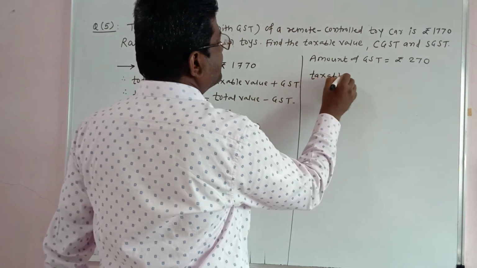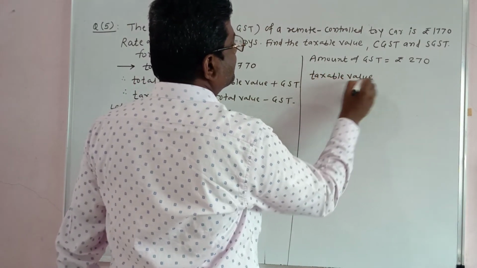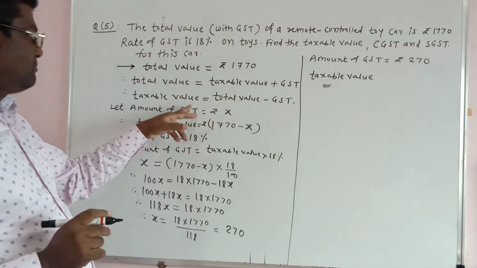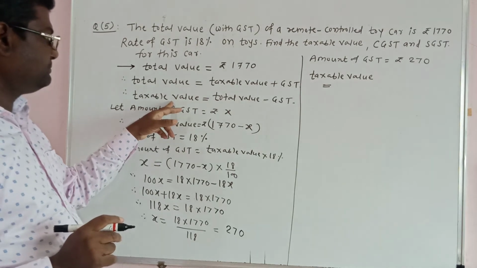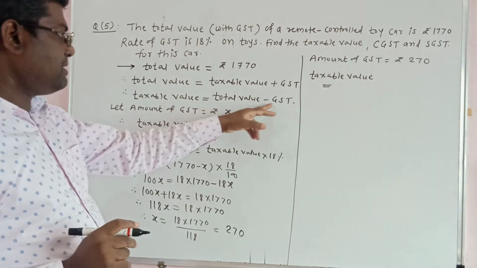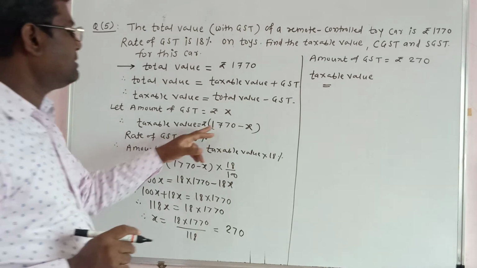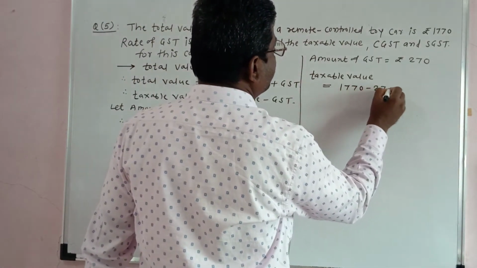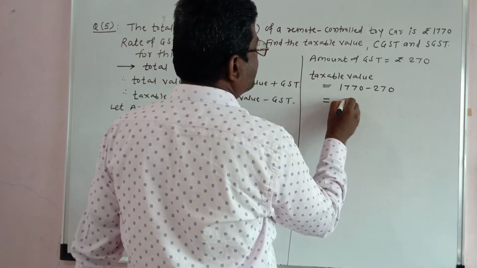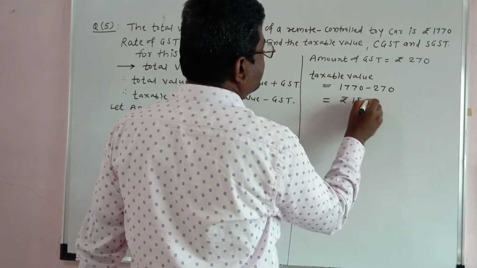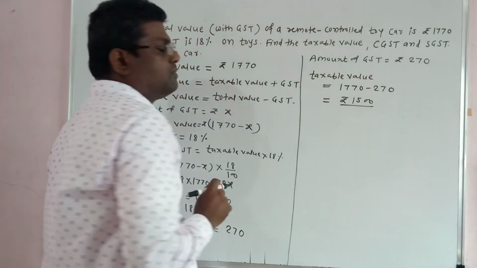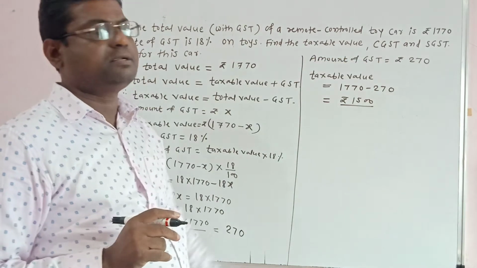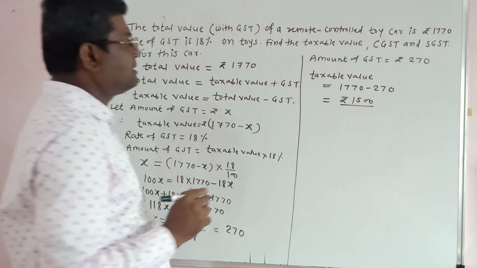Taxable value is equal to, what is taxable value? Total value minus GST, that is 1770 minus 270 is equal to, it will be rupees 1500. It will be taxable value. Now we have to find the CGST and SGST.